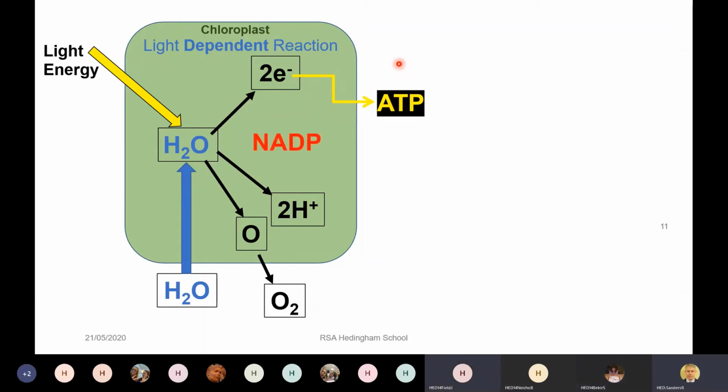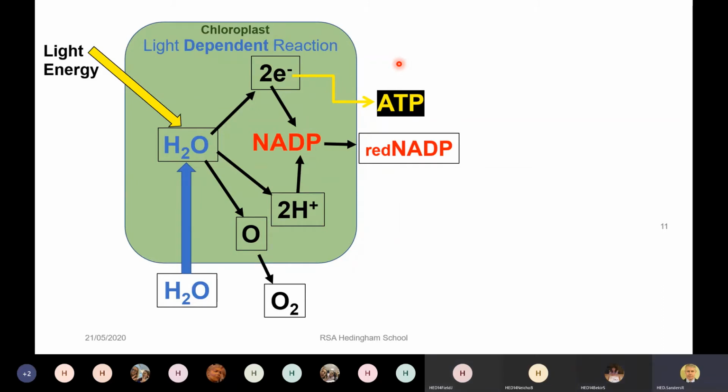We then have NADP, which you'll remember, and NADP picks up the hydrogen ions and the electrons. It becomes reduced NADP. And that is the end of the light dependent reaction. We're going to look at it in a little more detail, but that's quite a useful summary, because there are two things that are input: light and water.